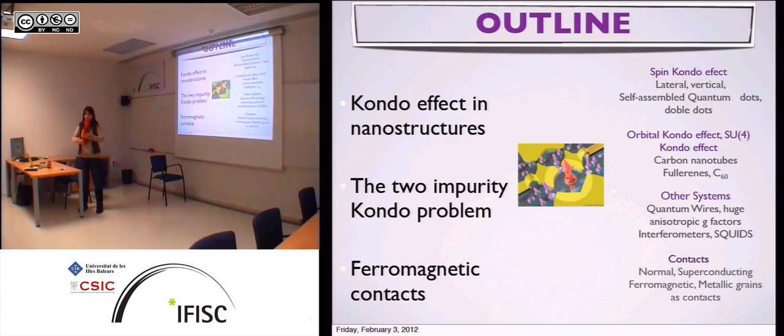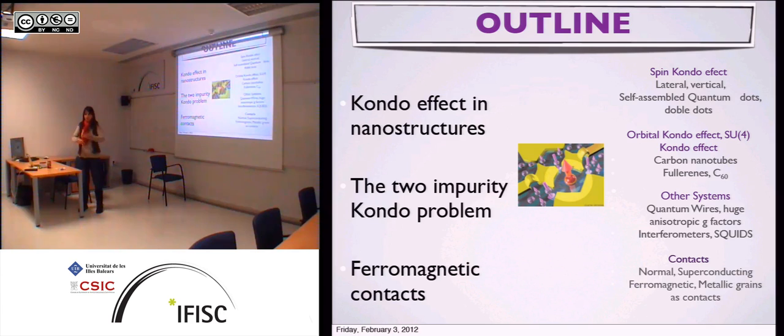So if there is no electron, then you can put one electron there and just jump to the right contact. So then you get one peak. And the other peak is when you have already one electron in the dot, but it is sufficiently low in energy here, then the next electron can enter and can go out. So then you have the other peak.